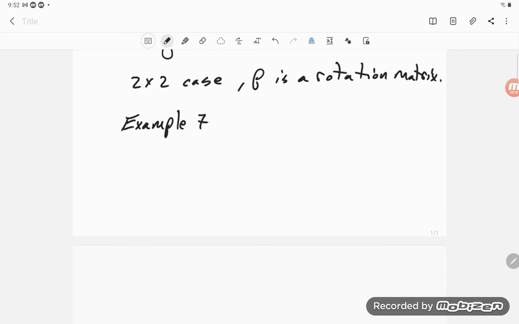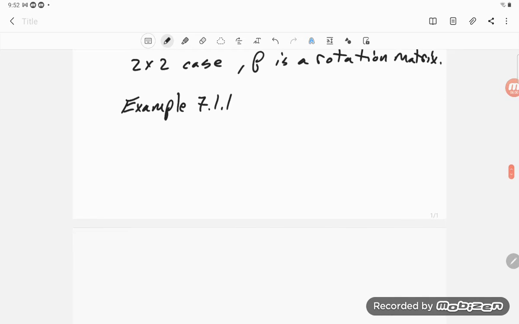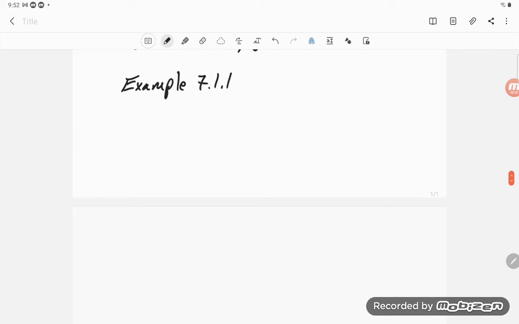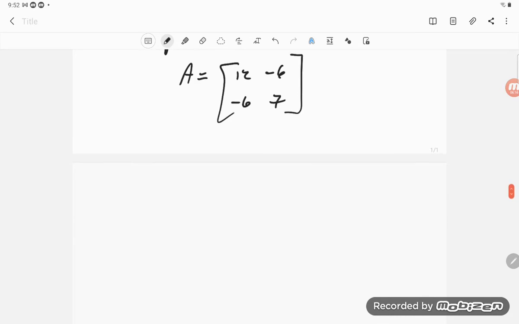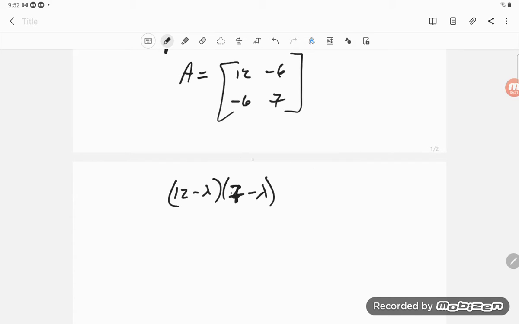Example 7.1.1, and here they say, let's let A be the symmetric matrix, 12, minus 6, and 7. They get the characteristic polynomial, so we would have 12 minus lambda times 7 minus lambda minus 36.